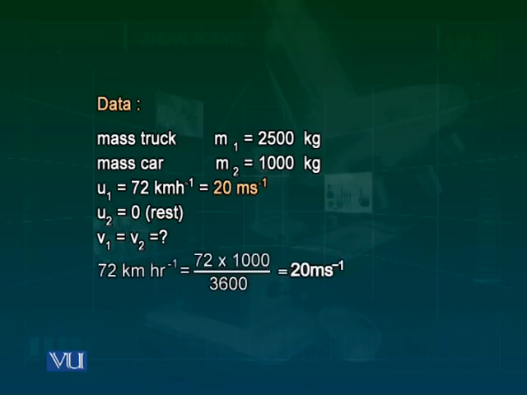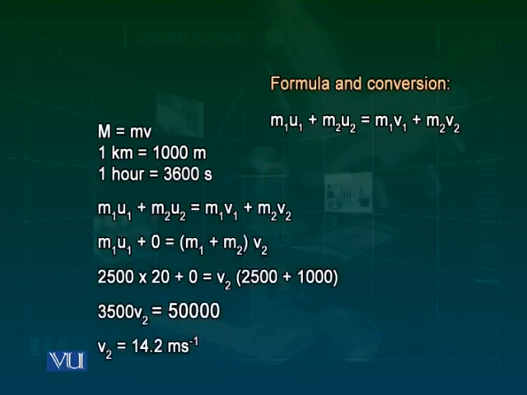First we convert 72 kilometers an hour into meters per second. That very simply is 72 multiplied by 1,000 meters, divided by the number of seconds in 1 hour, which is 3,600, giving us 20 meters per second. So we have our truck moving at 20 meters per second. It hits the car, which is at 0.